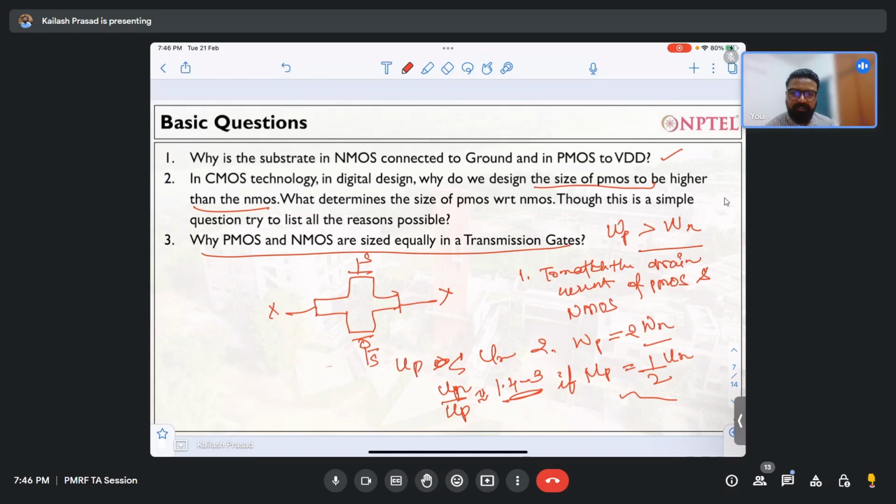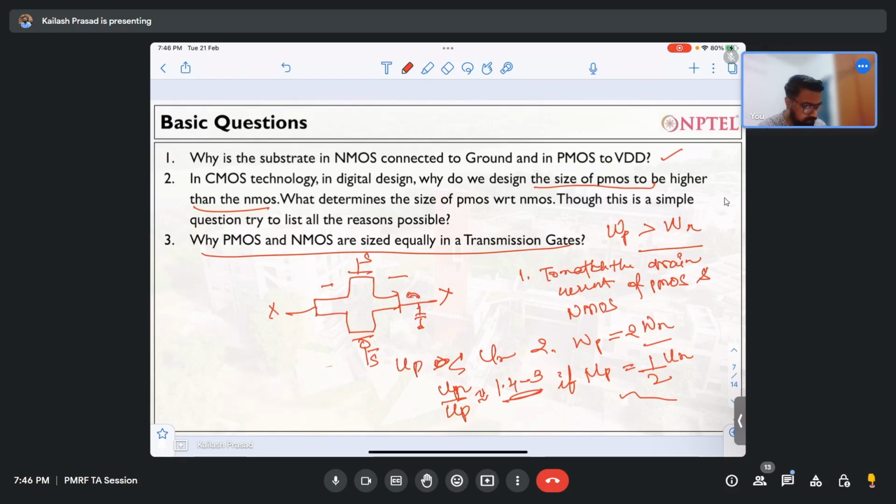So the argument which has been made is that NMOS is passing zero, right? It will discharge this particular cap. So please note, whenever you design any digital circuit, there is an associated cap with it. You can assume that because there will be associated parasitic capacitance. Now, if you pass zero from here, you are discharging this cap.